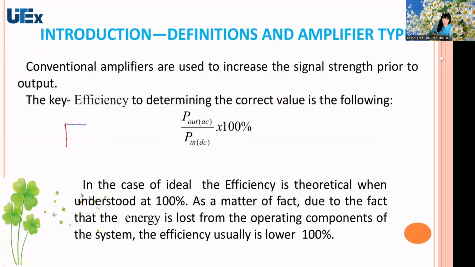For example, for one circuit, input is on the left side and output on the right side. For normal amplifier and for power amplifier, we have a cascading system, for example, like that.